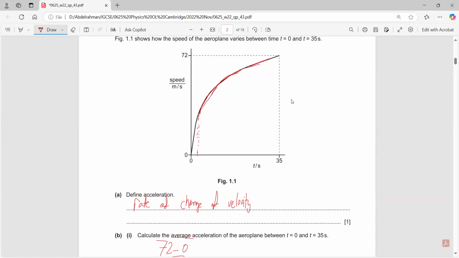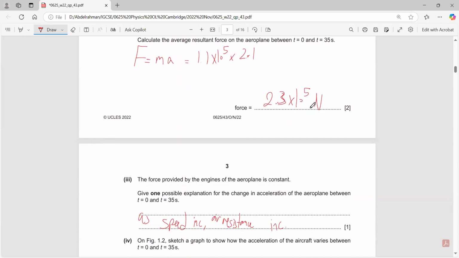Initially, the slope was much larger, and therefore a much greater constant acceleration. And then the acceleration was decreasing, and then in this part, it was moving with a much smaller constant acceleration.